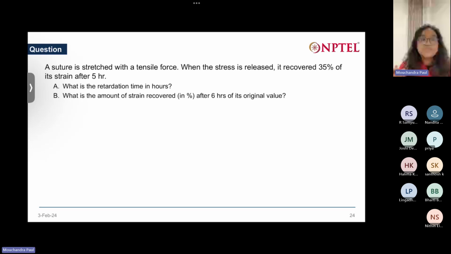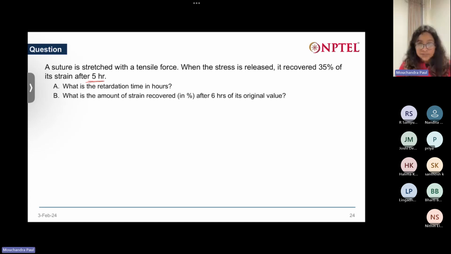I was wrong initially. So there is a suture stretched with a tensile force. Once the stress is released, whatever strain has been generated recovers back. This recovery was seen after 5 hours.